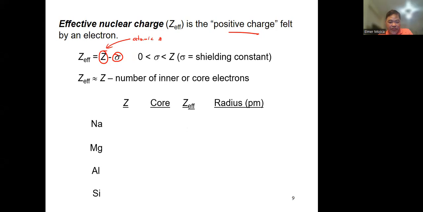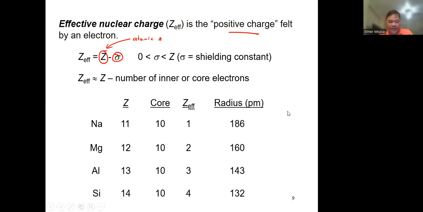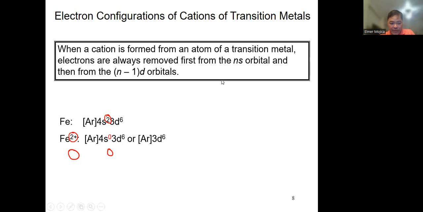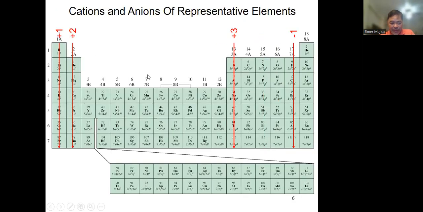So if you're going to look at the set of values here, from sodium, magnesium, aluminum, silicon, what are they? They're moving from left to right. Am I right? Just to check if they're moving from left to right, we can look at the periodic table that we have here: sodium, magnesium, aluminum, silicon.